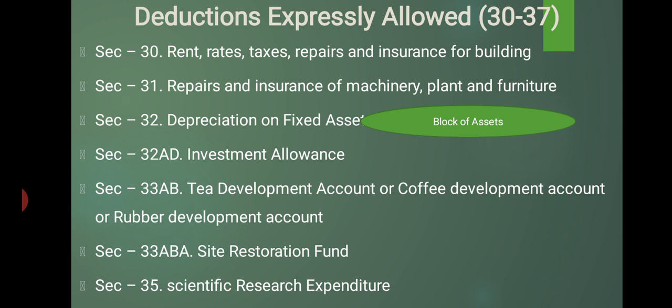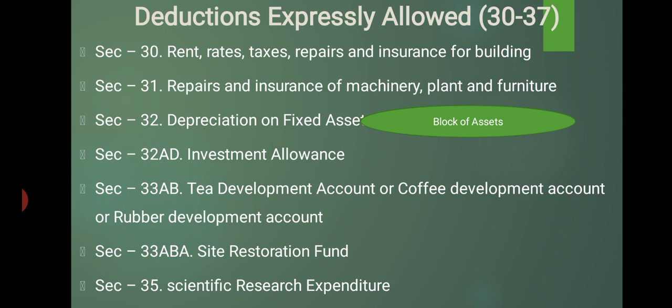Okay. The next one, that is site restoration fund. That means section 33ABA, any amount which is deposited in this site restoration fund account, or 20% of profit from the business, whichever is less, in the case of an assessee carrying on the business of prospecting for or extraction or production of petroleum or natural gas, or both, in India.